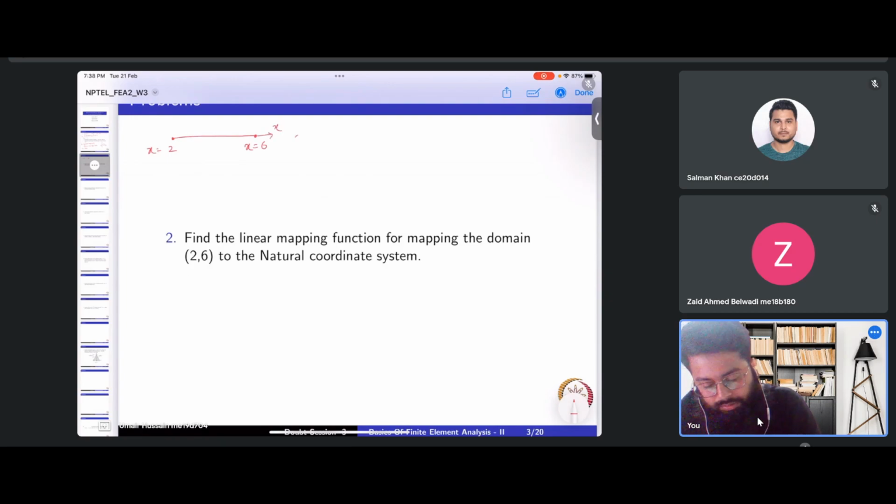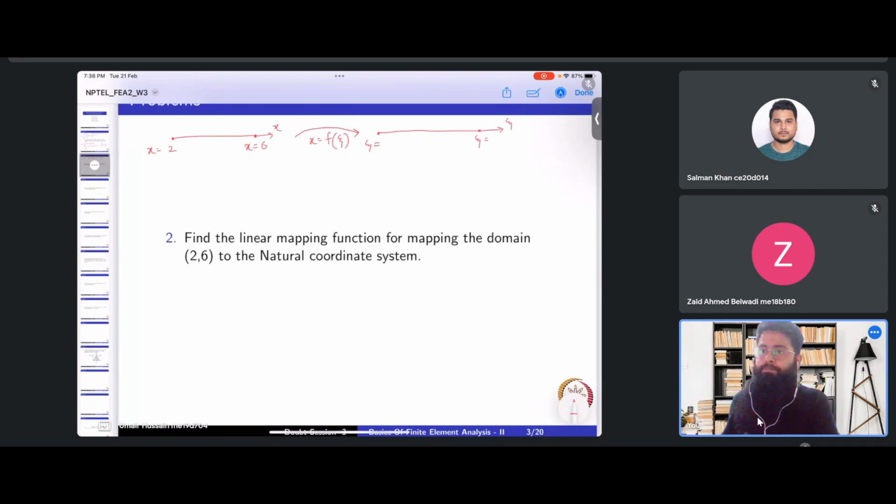We need to transform it to the natural coordinate system. What are the values at the two coordinates of the natural coordinate system? Can someone tell me? What would be the value at these two nodes here?